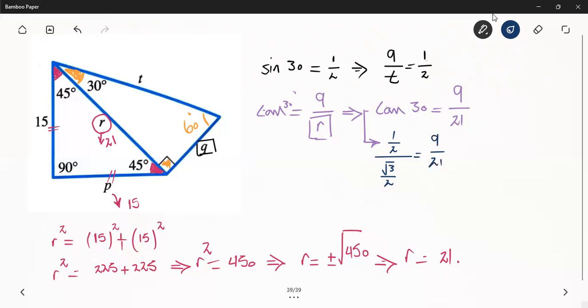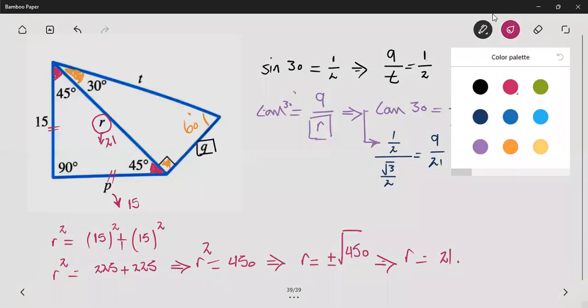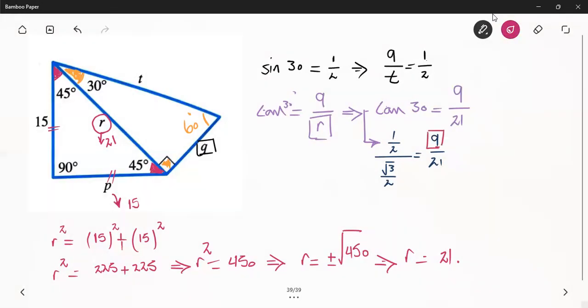So far so good, everyone? Now look at this. The only thing we have to deal with is to find the value of Q, and the rest is just numerical values.